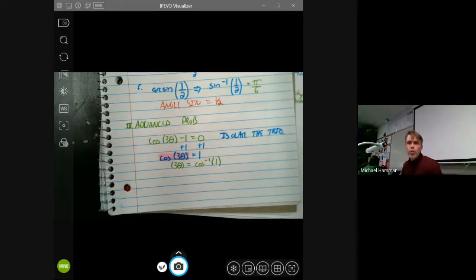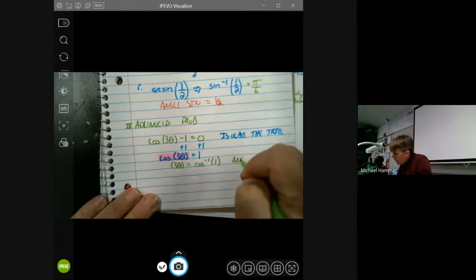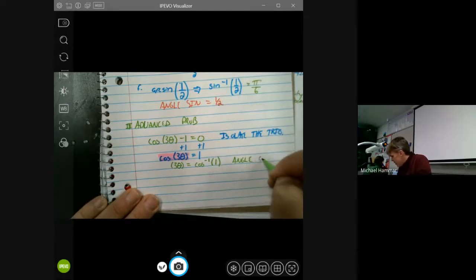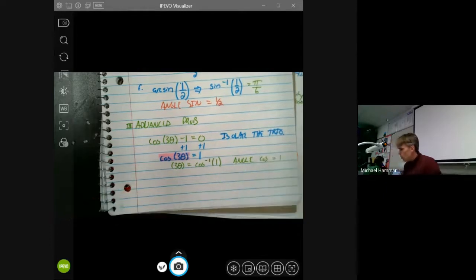To move that cosine part to the other side, we have to find the inverse cosine of it. So where on the unit circle would I have an angle where the inverse cosine is 1, or where cosine is equal to 1?